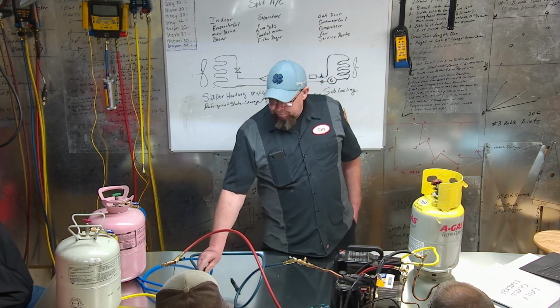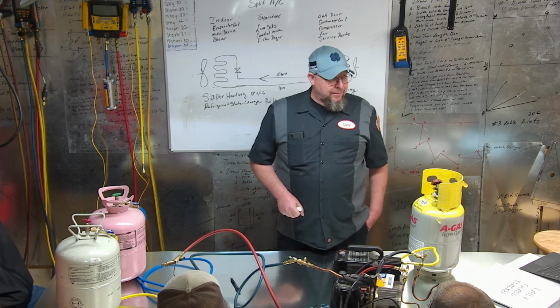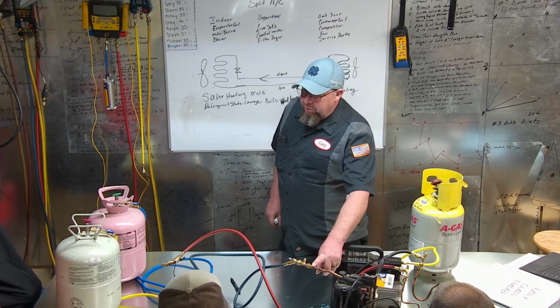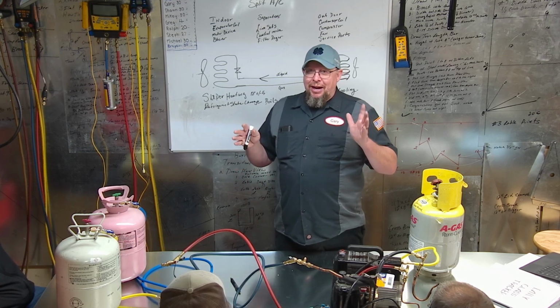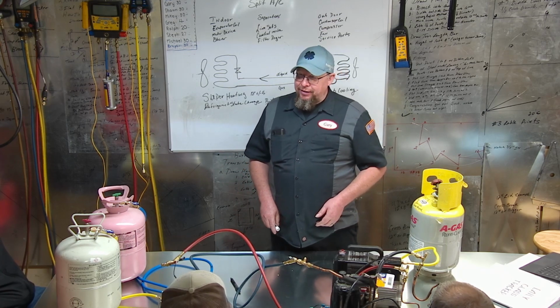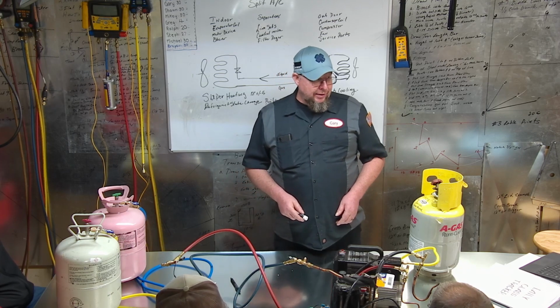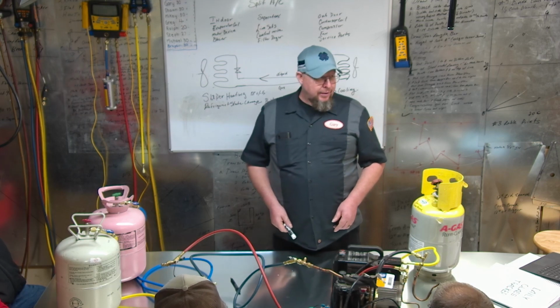Our saturation temperature on our gauge was reading negative 20, and the temperature on our return to our compressor was reading 67. Do some math in my head, 96, 97 degree superheat. That's a high superheat, when our target is 12. Just a little high.